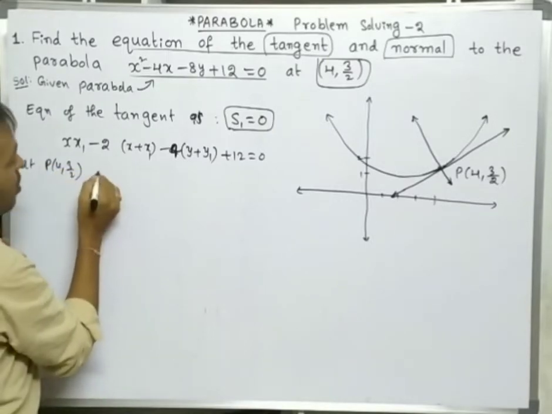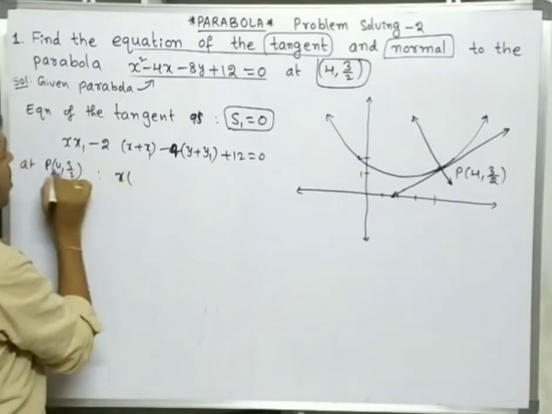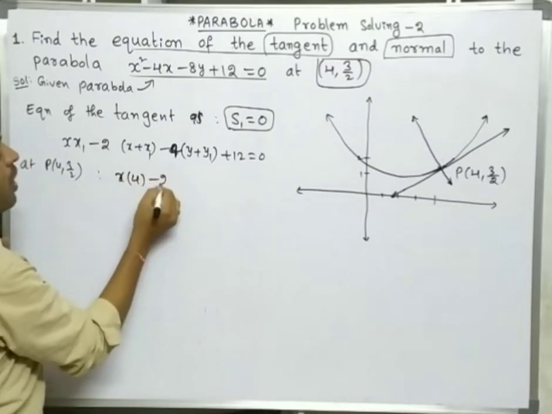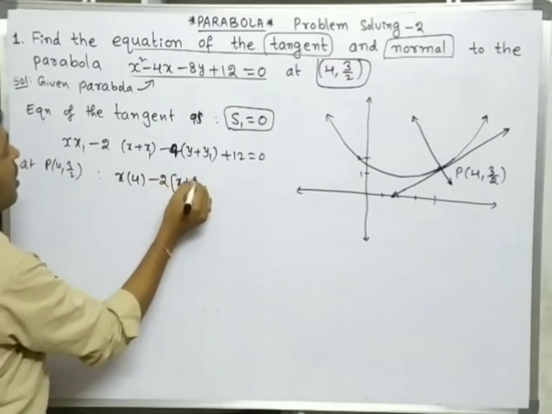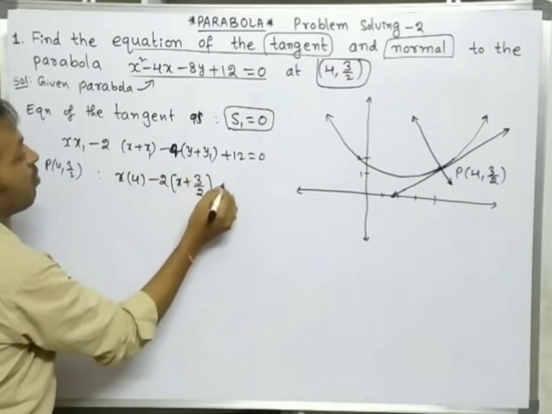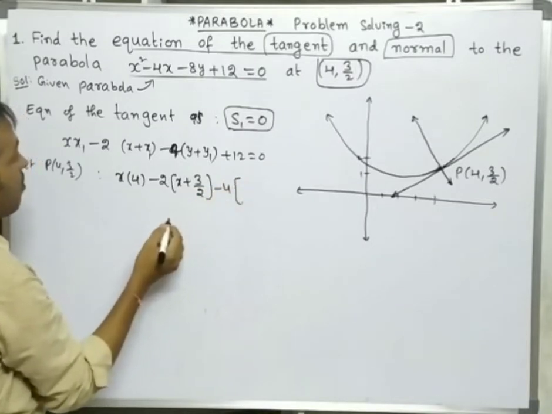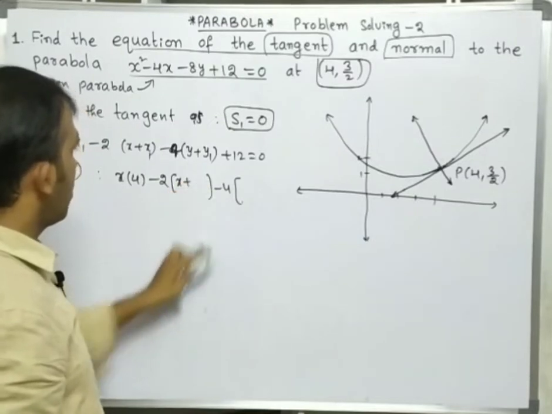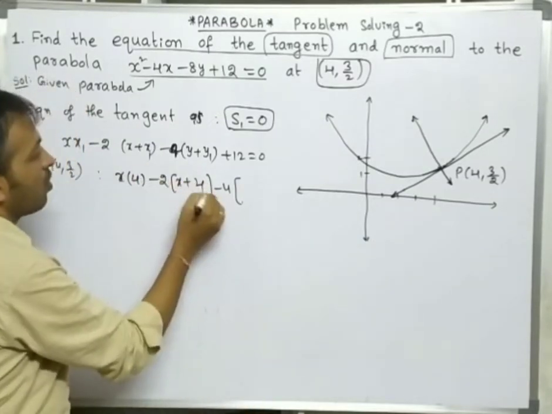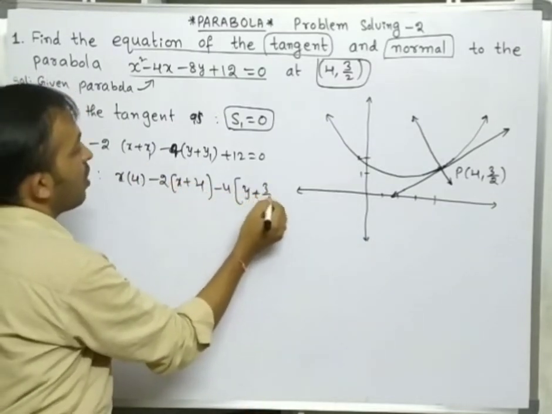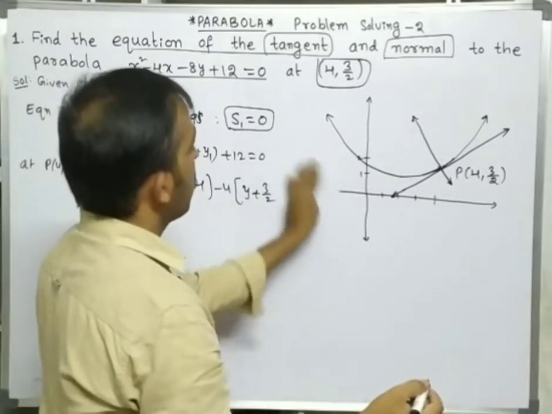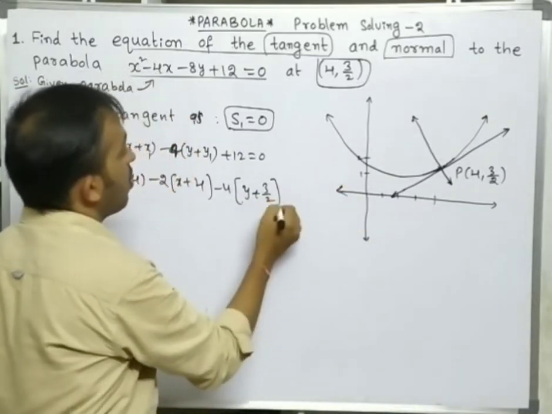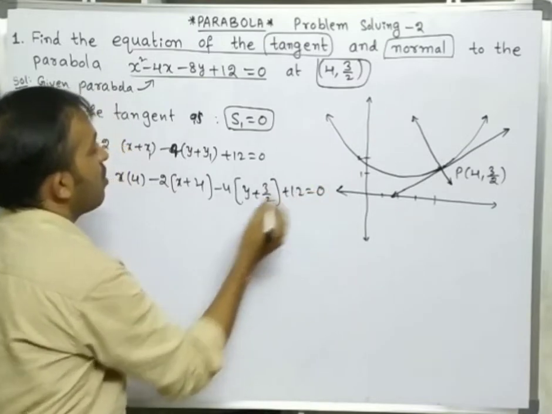So what is the equation? x into 4, minus 2 into x plus 4, minus 4 into y plus 3 by 2, plus 12 is equal to 0.